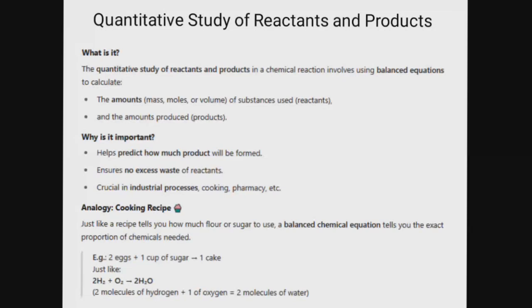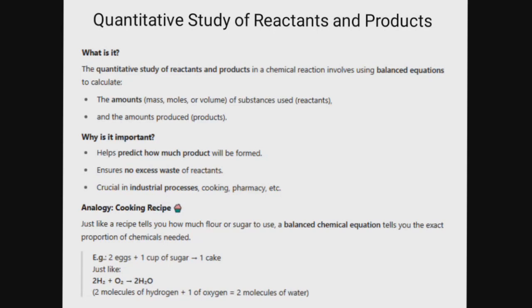Now it helps us to predict how much product will be formed from the reactants. You already know that if you have 2 moles of hydrogen and you have 4 moles of oxygen as your reactants, then you can predict that 2 moles of water is going to form.